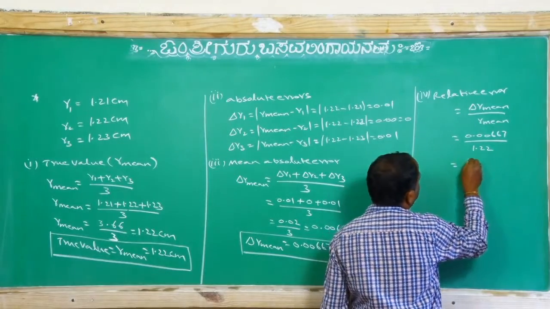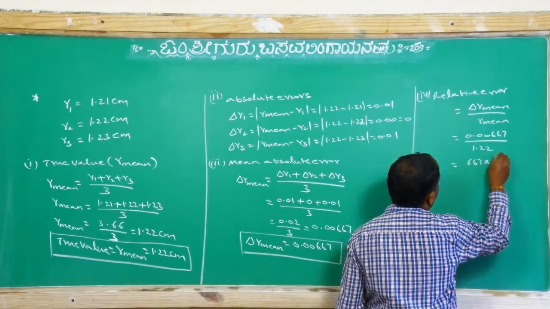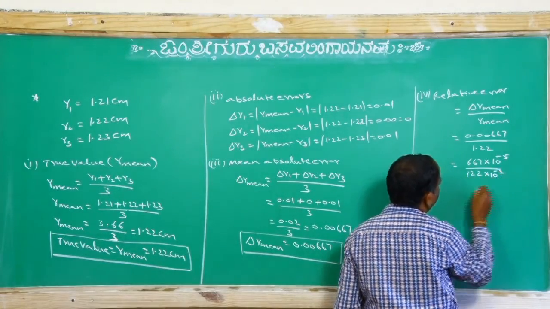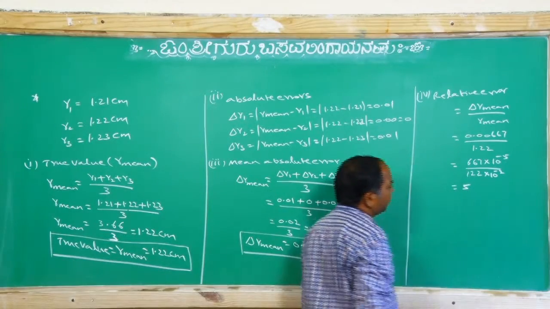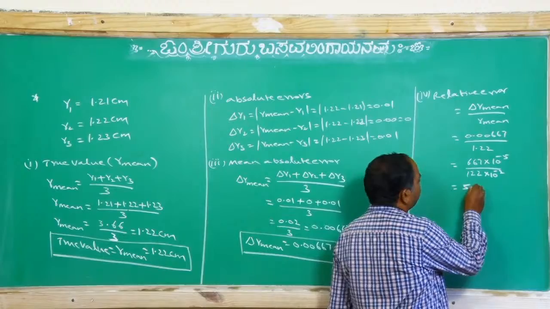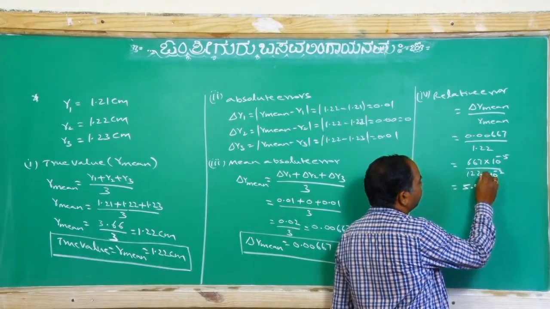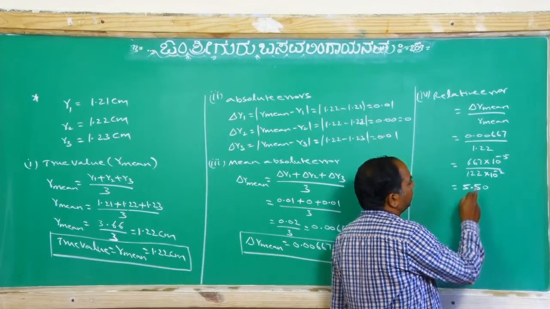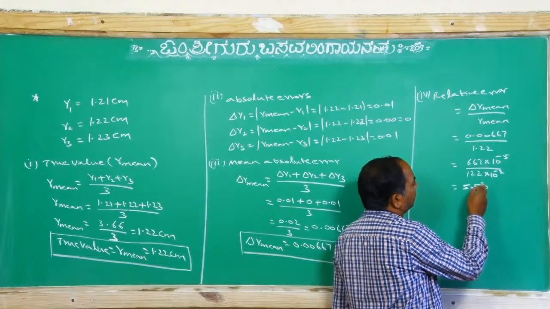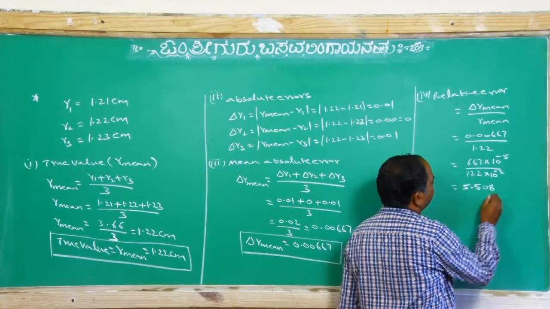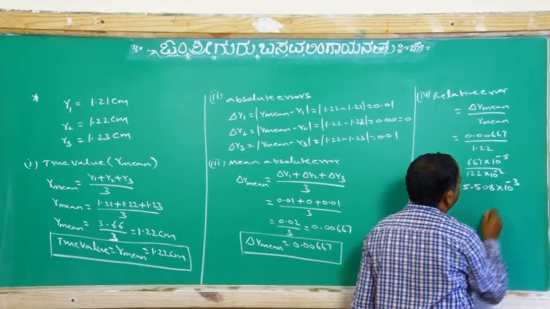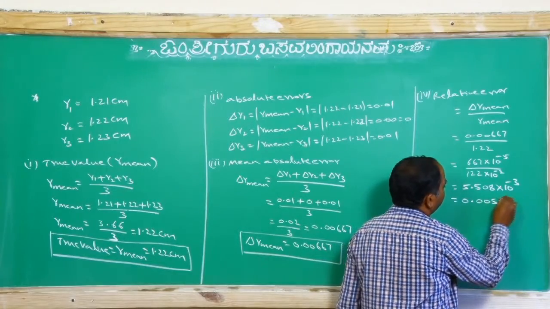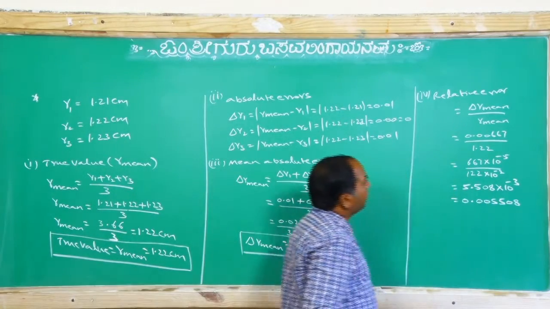You may write 667 into 10 to the power of minus 5 by 122 into 10 to the power minus 2. That is approximately 5.5 into 10 to the power of minus 3, that is 0.005508.